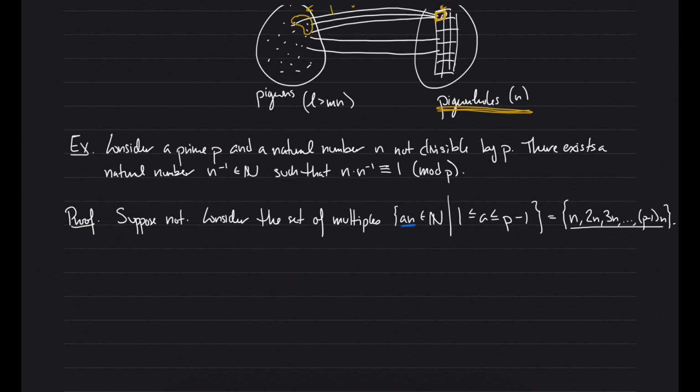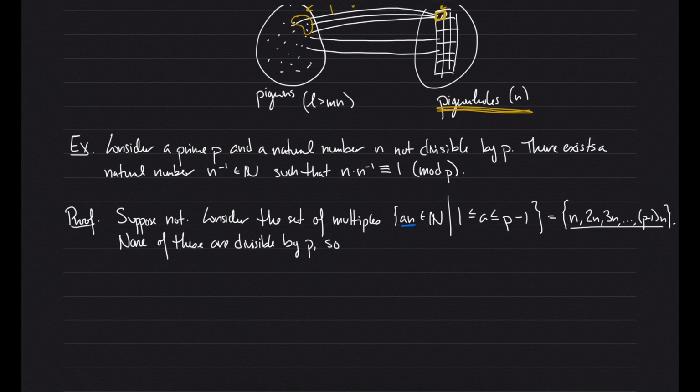Okay, so we're going to try to show that one of these a's is the inverse of n. What we want to say first is that none of these are divisible by p, of course, because p doesn't divide n, and we're just looking at an, where a is between 1 and p minus 1.